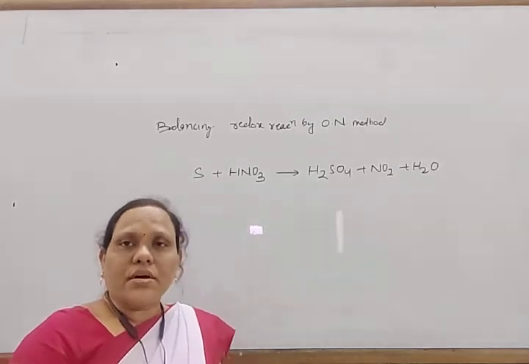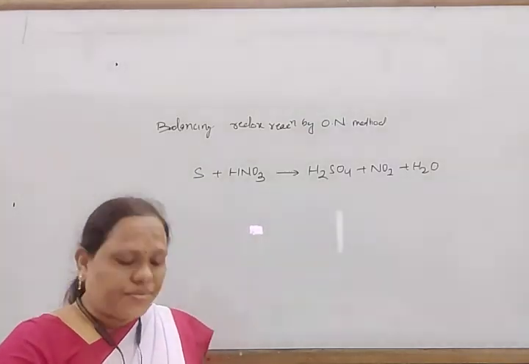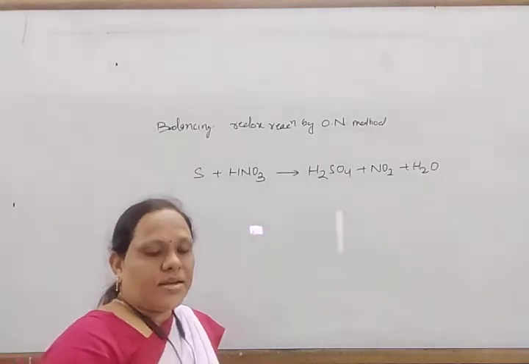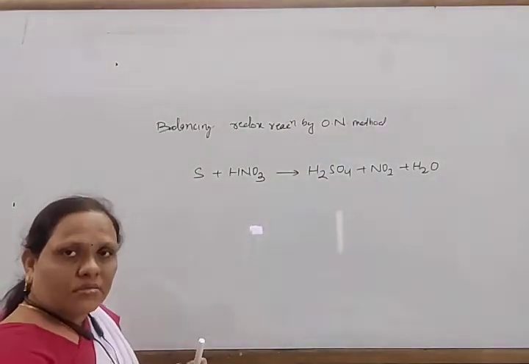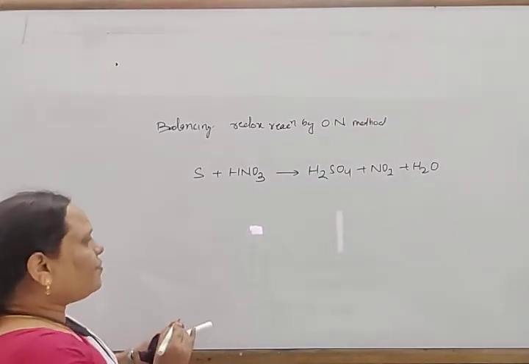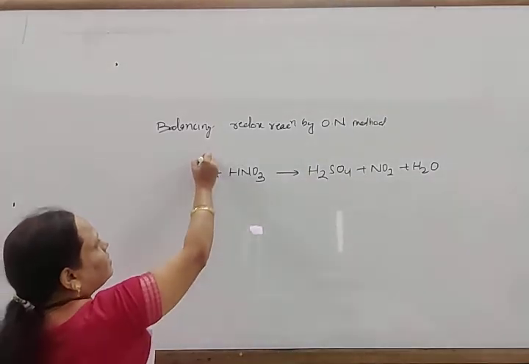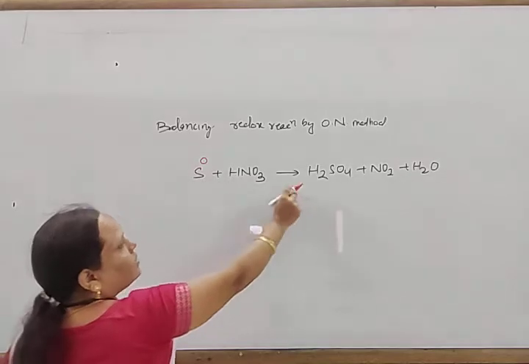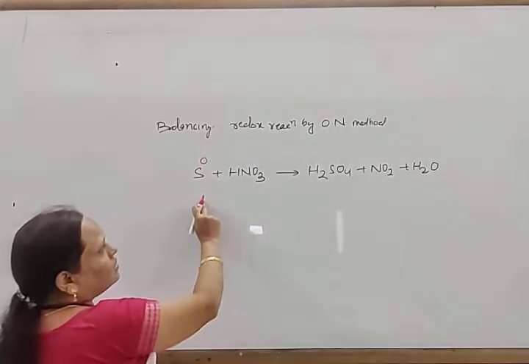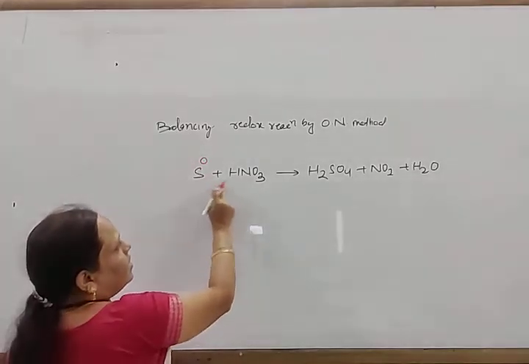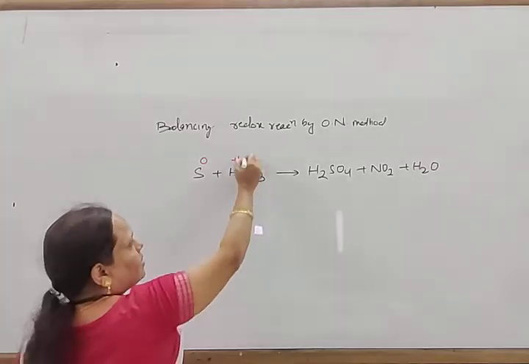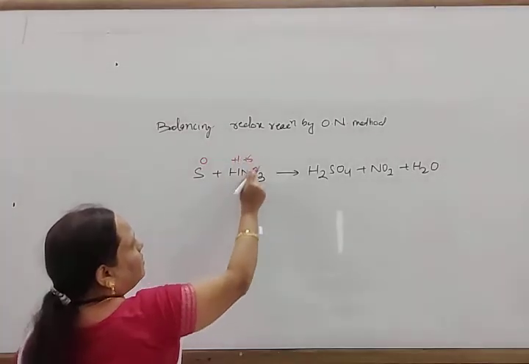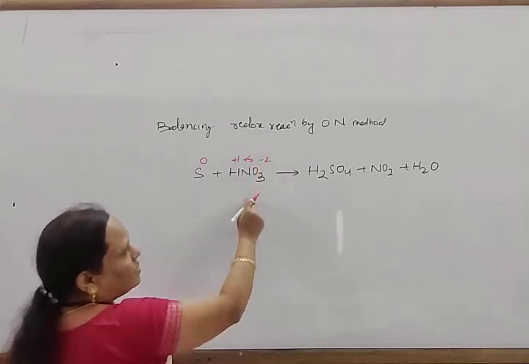First find out the oxidation number of each species. In the free state the oxidation number is 0. Write it above the symbol of each atom or element. Hydrogen has +1, nitrogen you calculate, you will find +5, oxygen has -2.